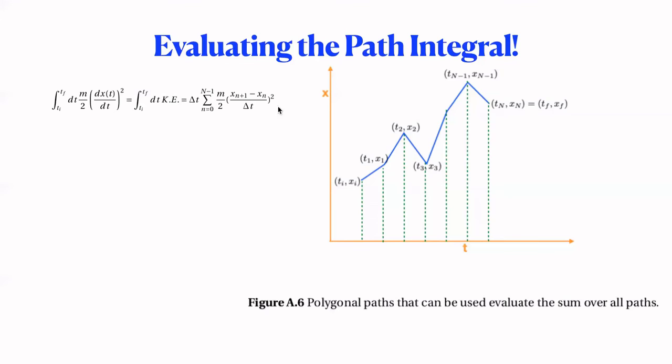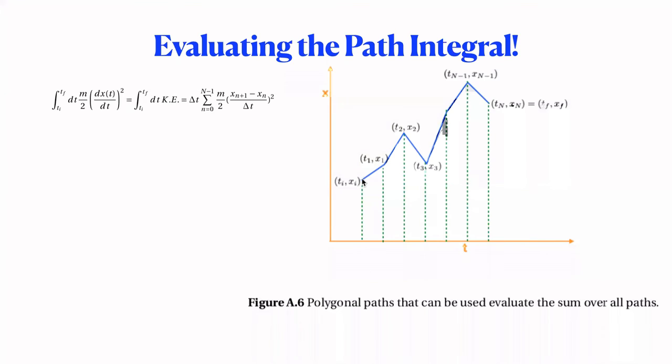So for example, if you think of kinetic energy, the kinetic energy contribution to the action is actually this integral. You take half m v square and integrate it from the initial time to the final time. And if you think about it, how do we get the kinetic energy?